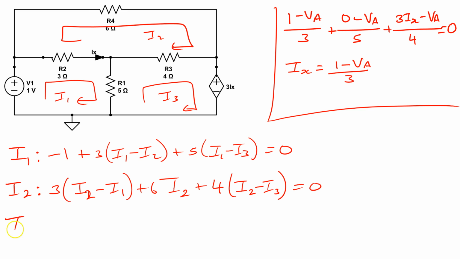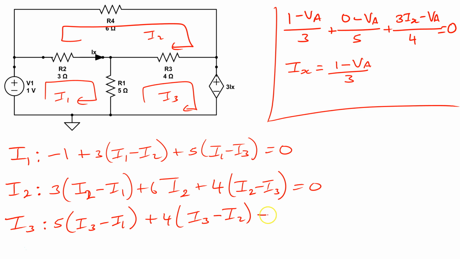And then lastly I3, I have 5 I3 minus I1 plus 4 I3 minus I2 minus 3ix is equal to 0.